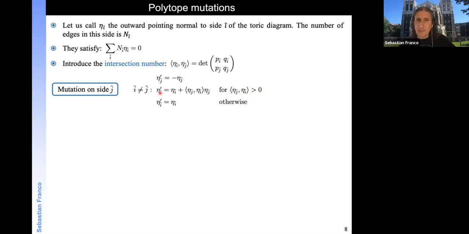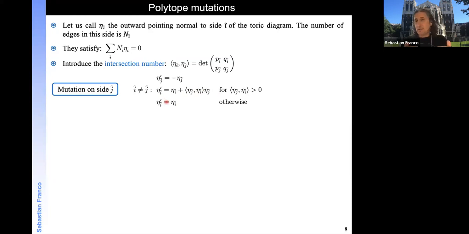Let's see what it does. It means that the new normal is equal to the original normal plus a contribution, which is proportional to the mutated edge times the intersection number. And all the other ones, the ones that have no intersection or negative intersection, remain invariant.